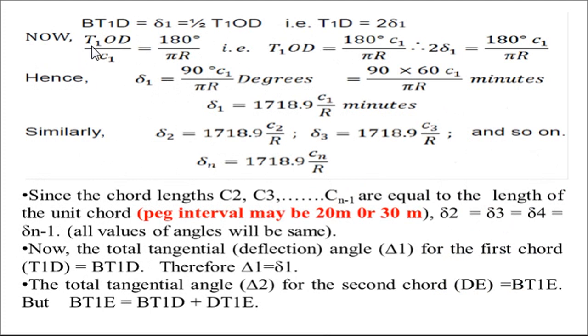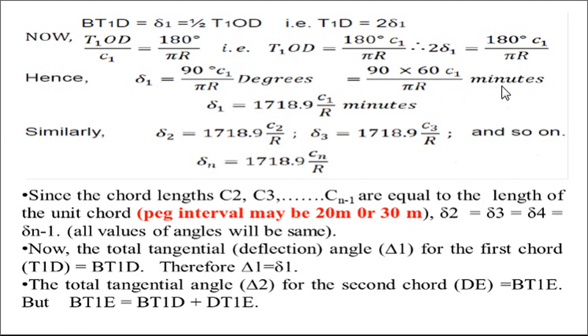Next, we can write T1OD upon C1 is equal to 180 degrees divided by pi R. That is, T1OD is equal to 180 degrees into C1 divided by pi R. Because T1OD is 2 delta 1, we get 2 delta 1 equal to 180 degrees into C1 divided by pi R, and hence angle delta 1 is equal to 90 degrees into C1 divided by pi R, which is 90 into 60 C1 divided by pi R after converting degrees into minutes by multiplying by 60.